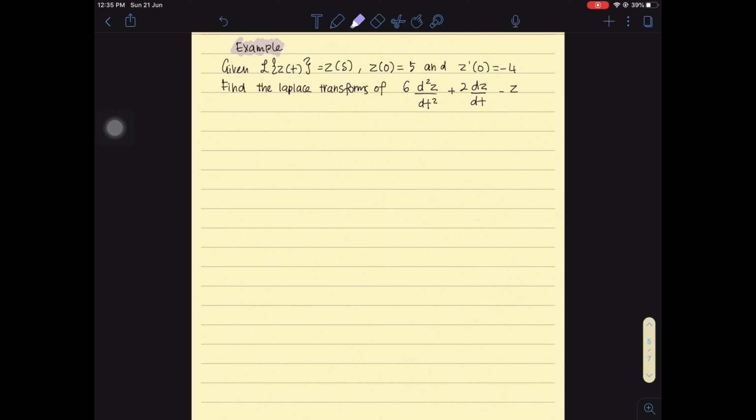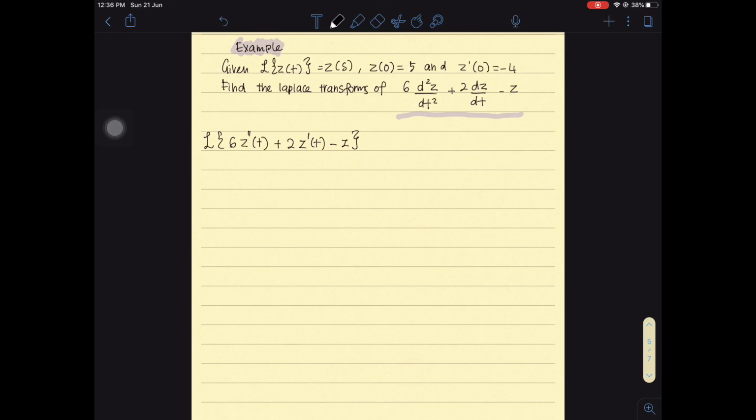So let's write our equation here. This is what we want to find. Therefore, what you want to find is actually the Laplace transformation of 6z''(t), because this one is the second derivative, plus 2z'(t) minus z.